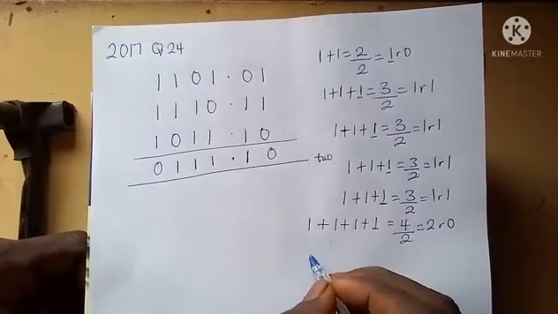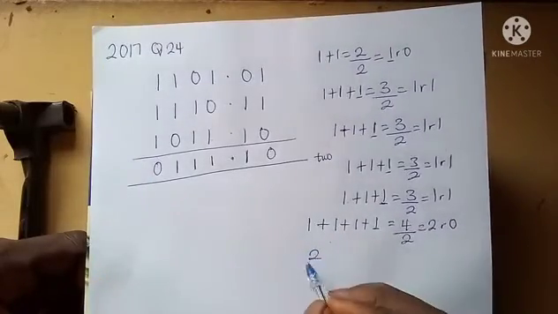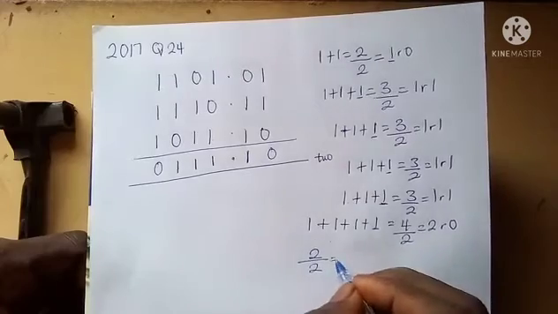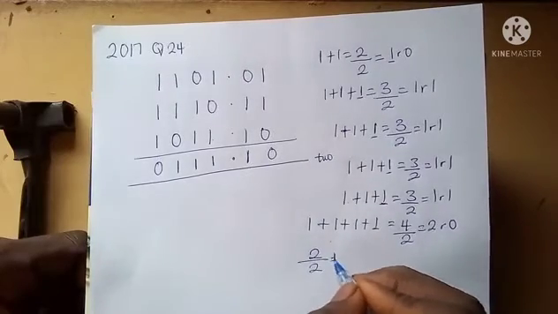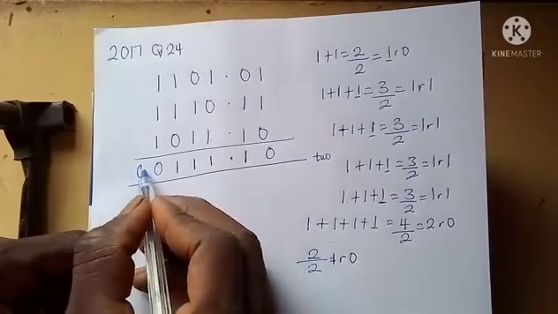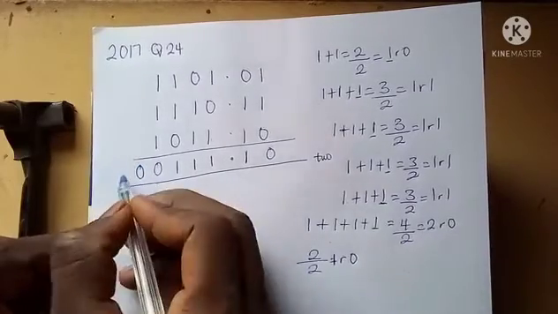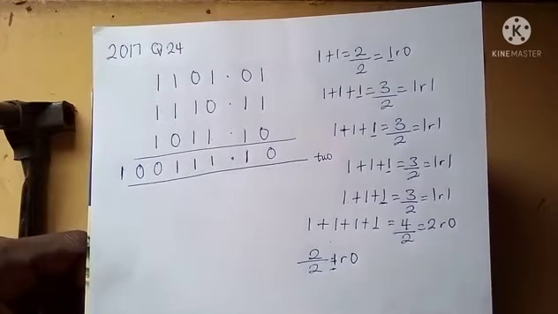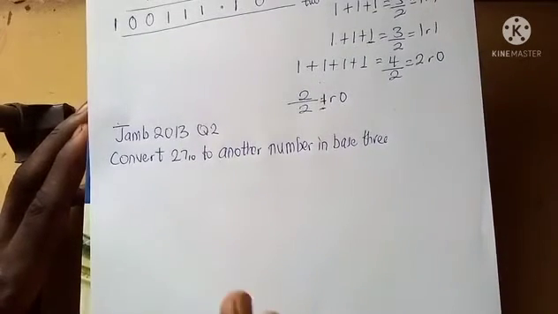So the remainder is 2, and we are dealing with 2. So 2 divided by 2 is equal to 1 remainder of 0. You are going to write the remainder first, then you are going to write the number later.